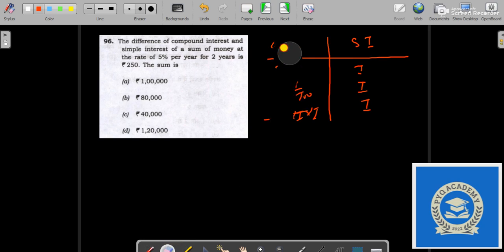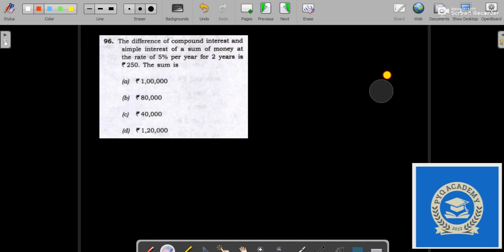What we have to do here: let's take it as 5%. We don't know the principal amount. Let's do it simply. Just remember this formula: the difference equals P times r square by 100 squared, that is 250, and r is nothing but the rate.